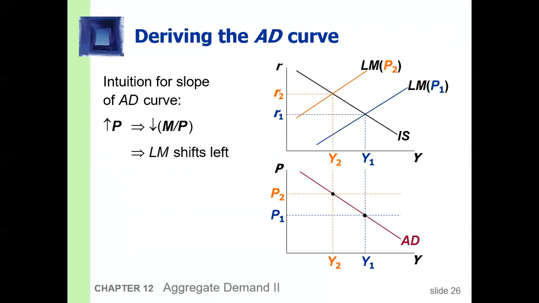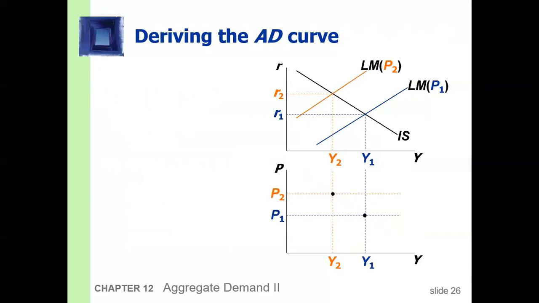So in this case, the LM curve shifts to the left from LM(P1) to LM(P2). You can also see the interest rate rises from R1 to R2. What happens when the interest rate increases? Investment will decrease, and when investment decreases, the output and the income will decrease.